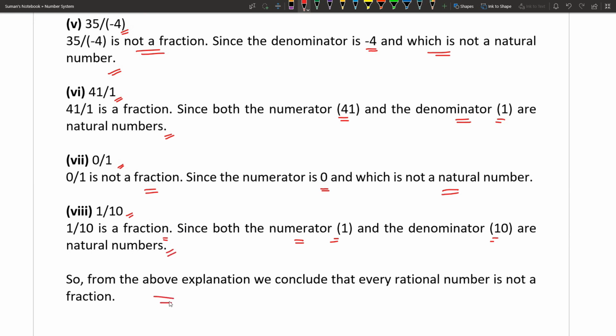So, from the above explanation, we conclude that every rational number is not a fraction.